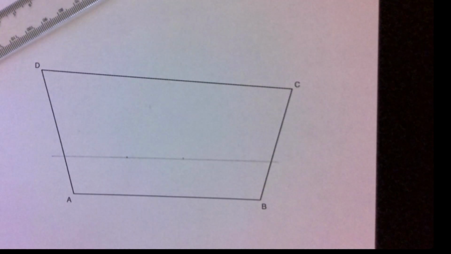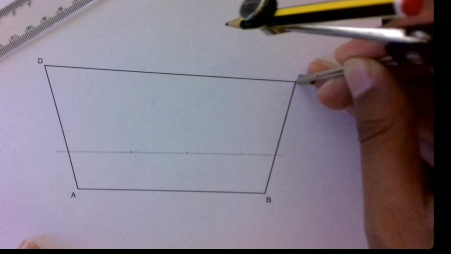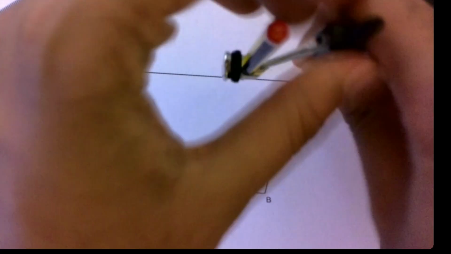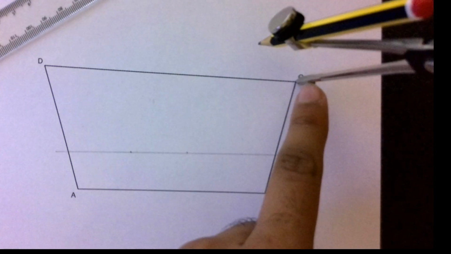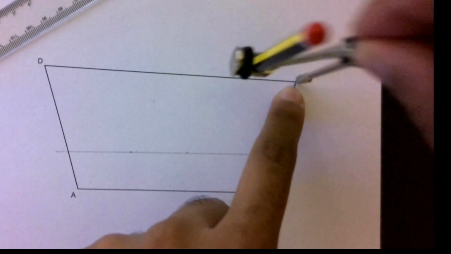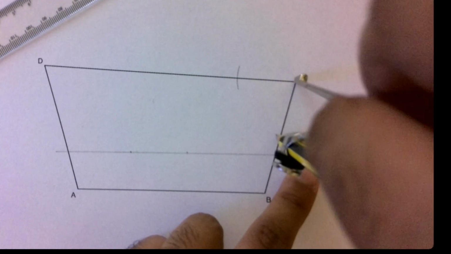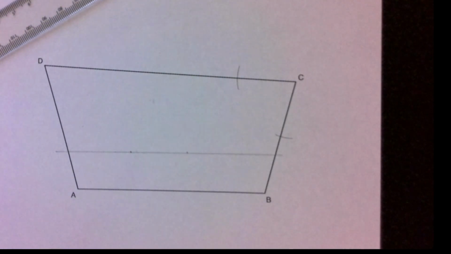Now, what we need to do is draw a perpendicular bisector of the angle for this. So the pointy bit of your compass goes on the point C, and then if we draw an arc like so, you can see we've got 2 points of intersection with this line and this line.